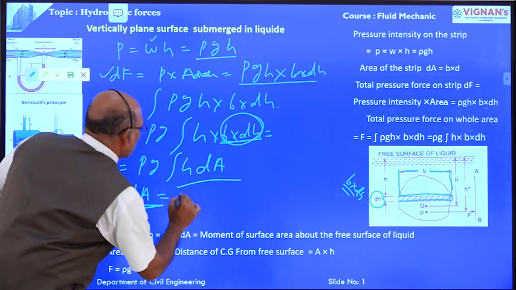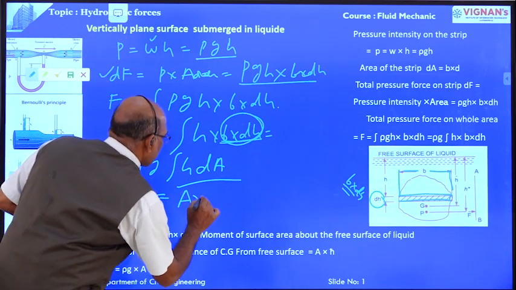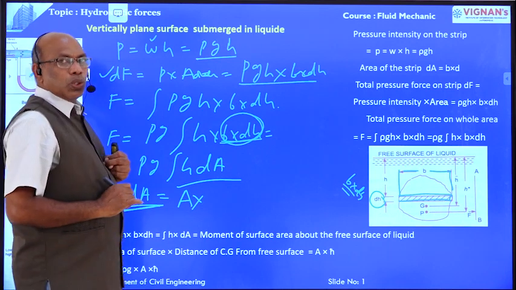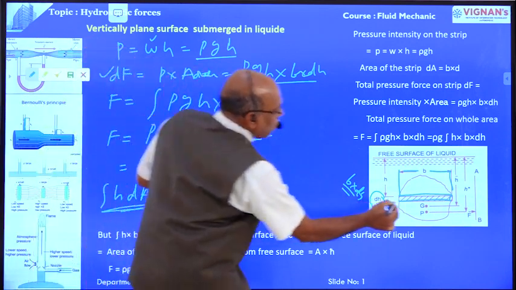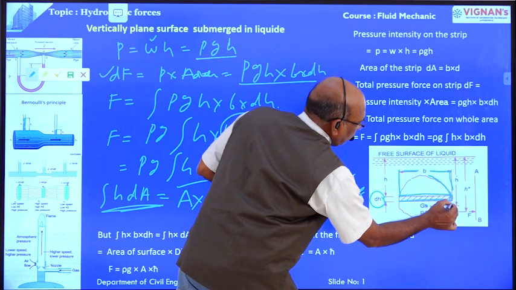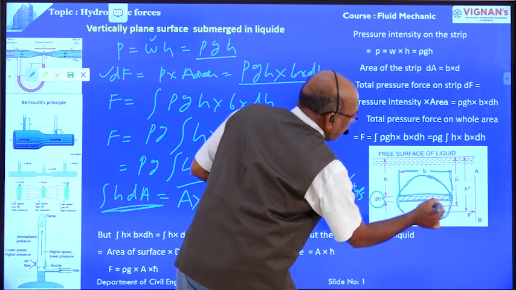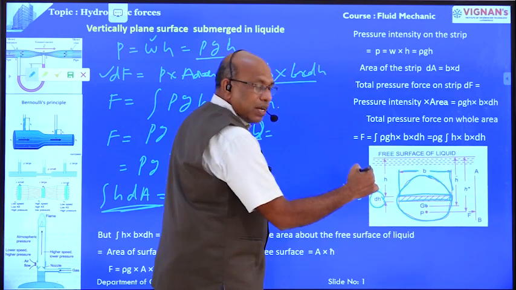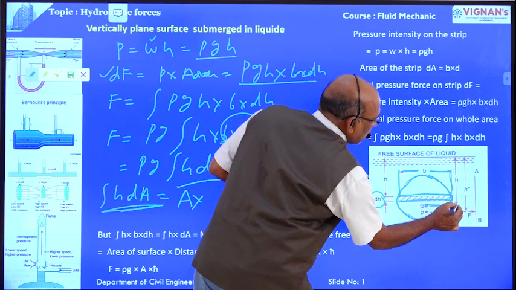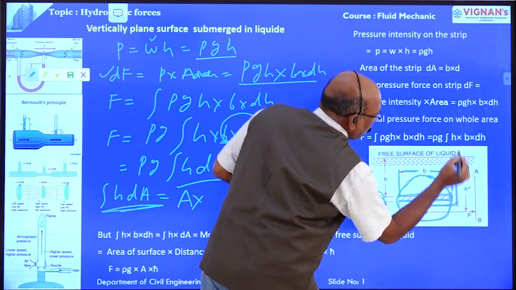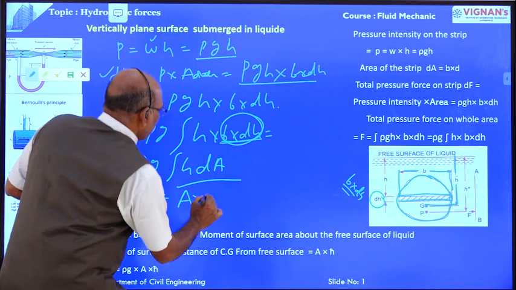What is the area of the entire plane surface? Area into the CG of the area: this is the entire area, and this is the CG. Automatically the distance from the free surface is H bar, so area into H bar.